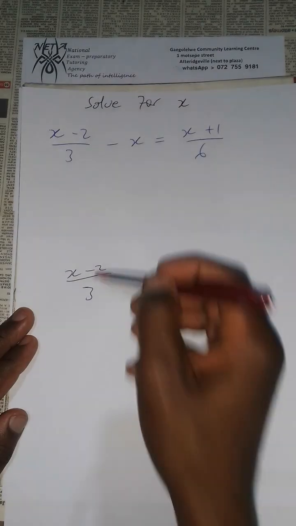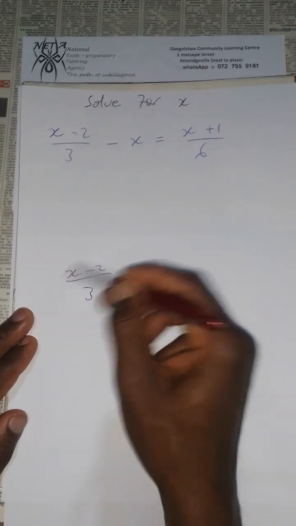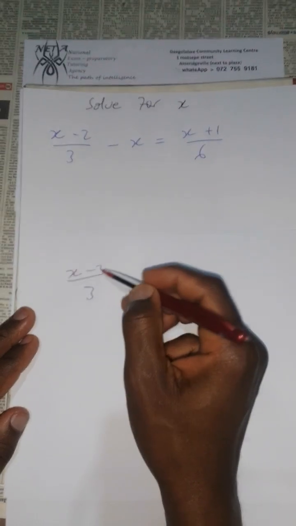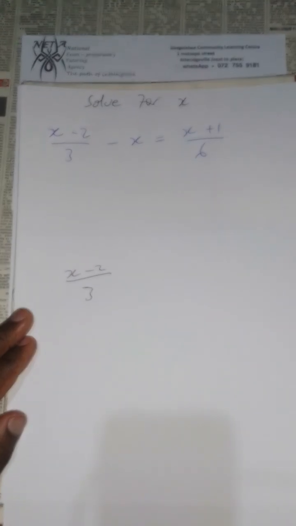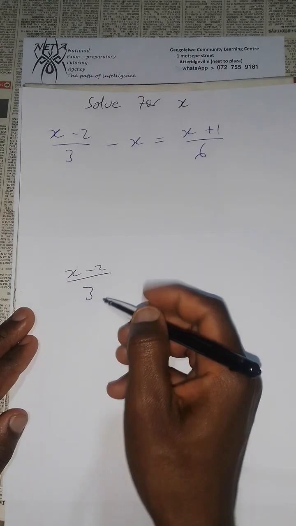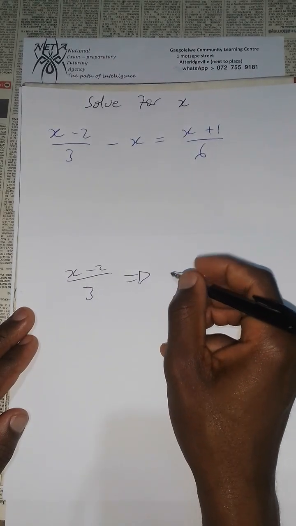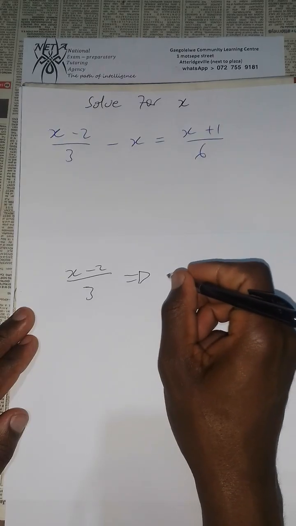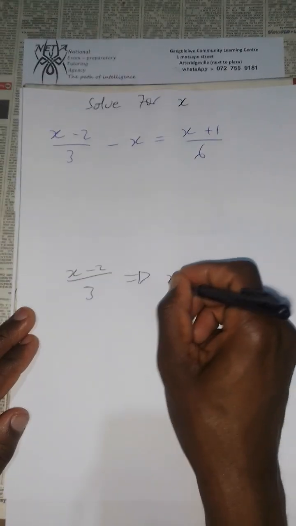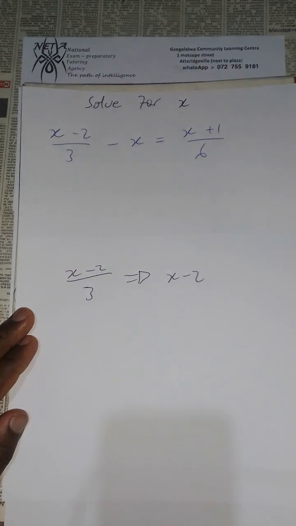We have to break our fractions. And how do we break our fraction? We're going to break our fraction by ensuring that we dissolve our denominator to the value of 1 so that ultimately we get our fraction to becoming x minus 2.